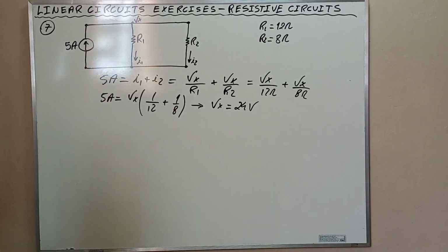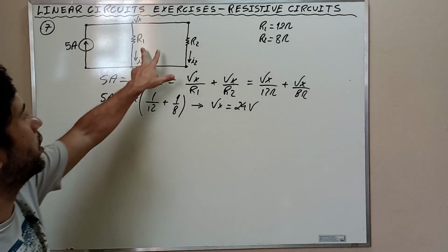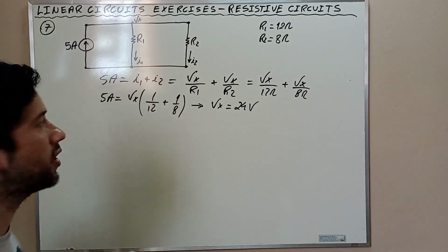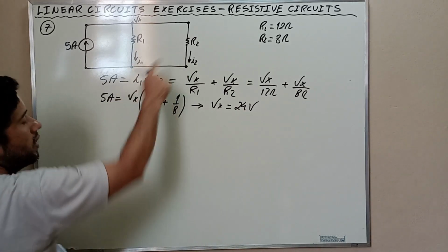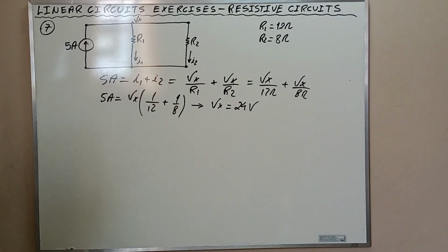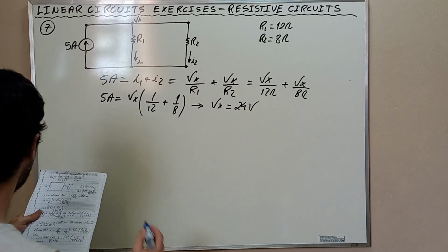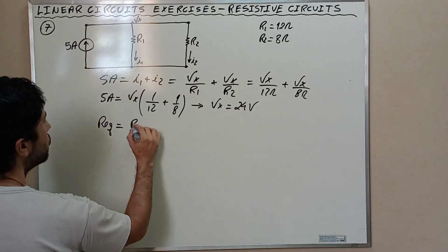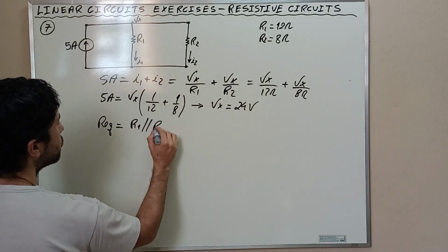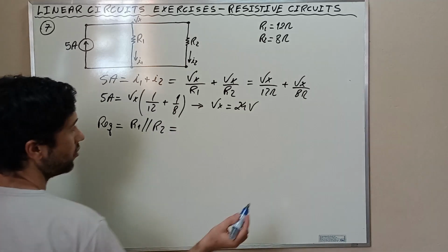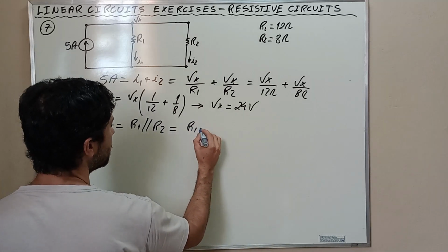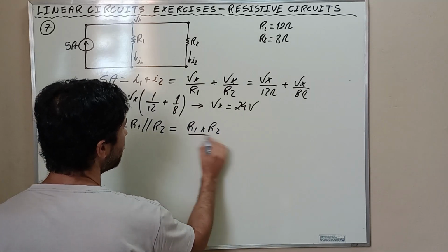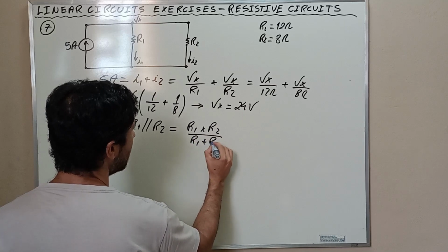Okay, my friends, for the parallel connection between these two resistances, let's combine them to see what's going to happen. The equivalent resistance is going to be equal to R1 in parallel with R2, and this is equal to R1 times R2 divided by R1 plus R2.